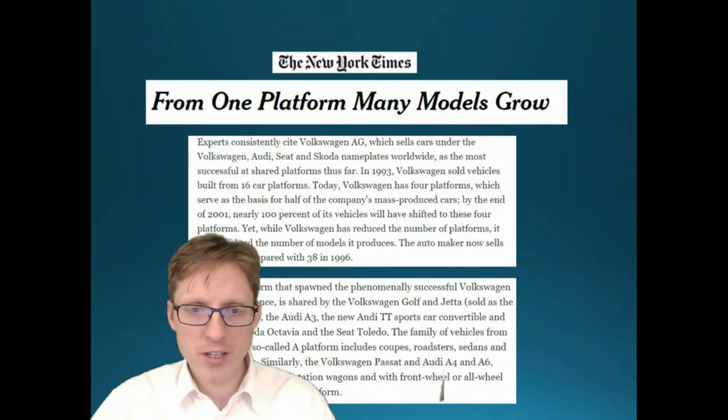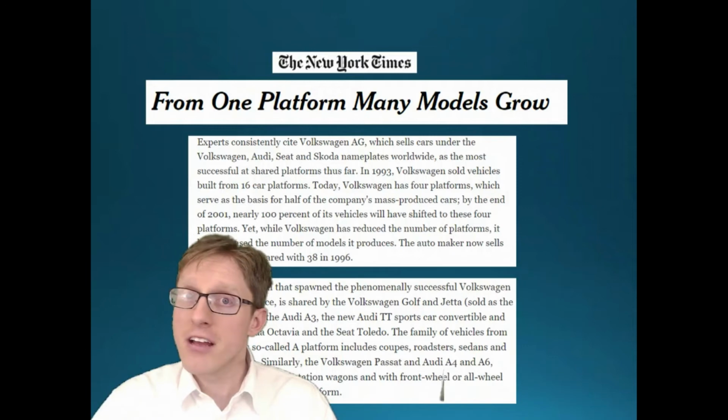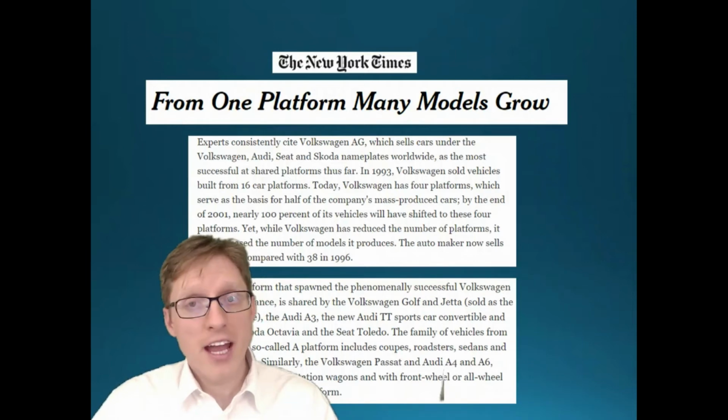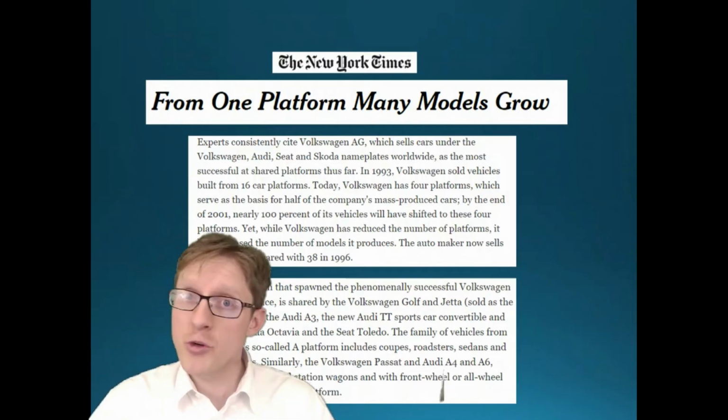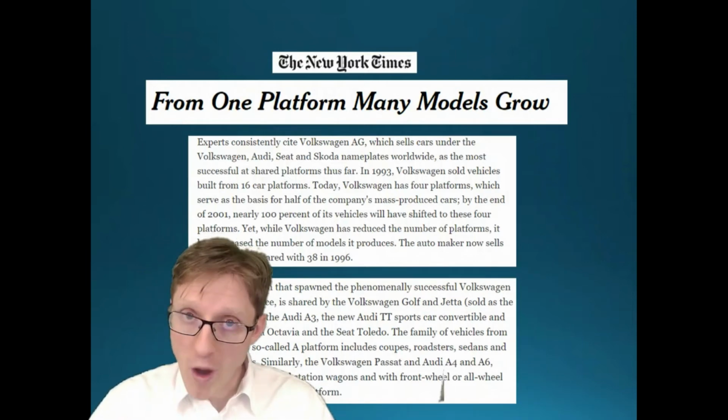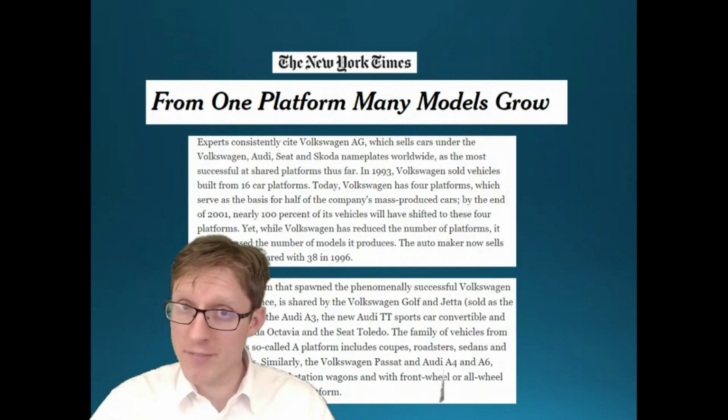I have an article here that suggests that a couple decades ago, Volkswagen had about 38 different platforms for its vehicles. And they reduced this all the way down to 3 recently. An even more extreme case is Subaru, who has one platform for pretty much all of its vehicles now.